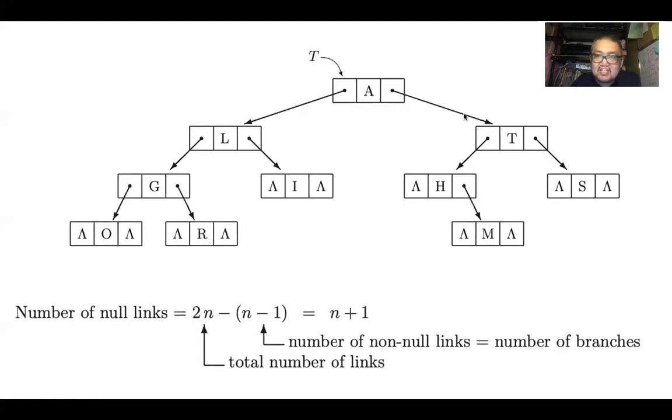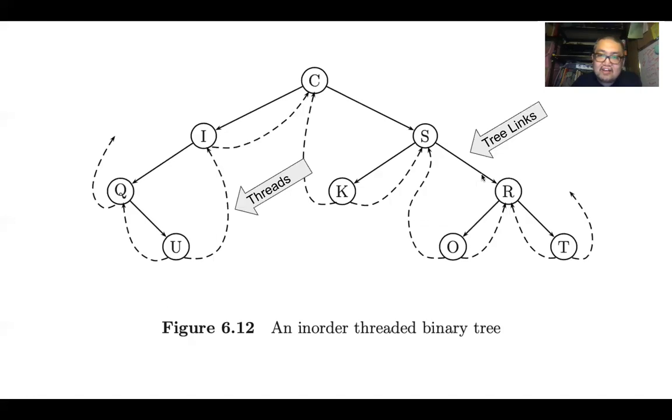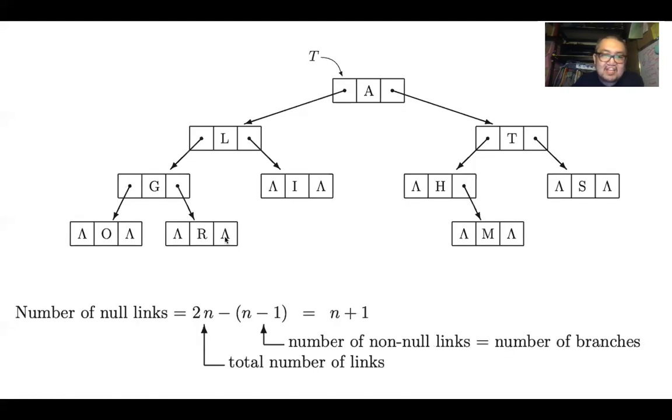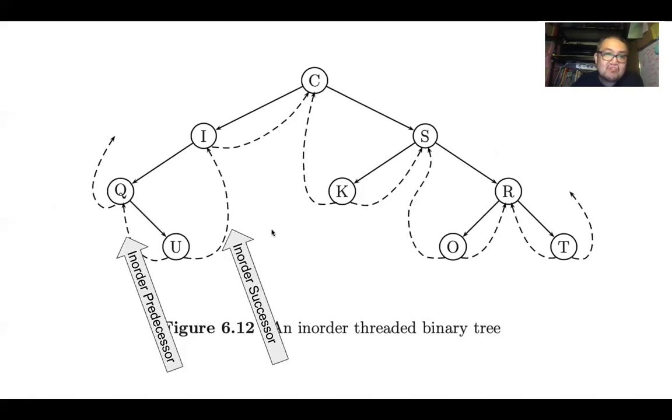Basically, these are the pointers that point to an actual node in the binary tree. However, we can actually add threads. So the broken lines here are called threads, and where will they point to? The idea is instead of having them as null pointers here, they will point to something. Okay, and where will they point to?